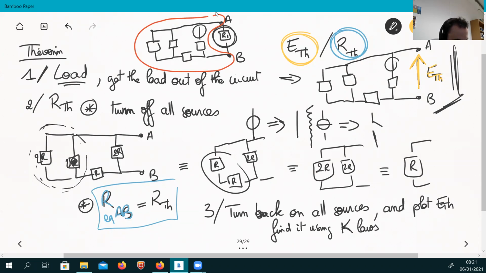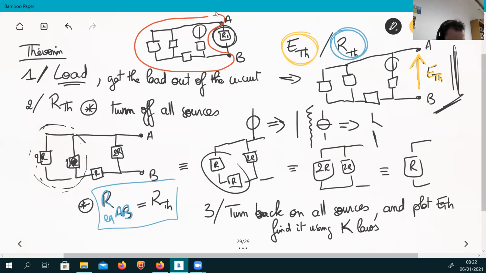Well, if you want, you can look for ETH in the other direction. The only important point is to keep the direction of ETH. Let's say at the very end of this computation, you find an ETH value of, let's say 5 volts, but you find it from B to A.